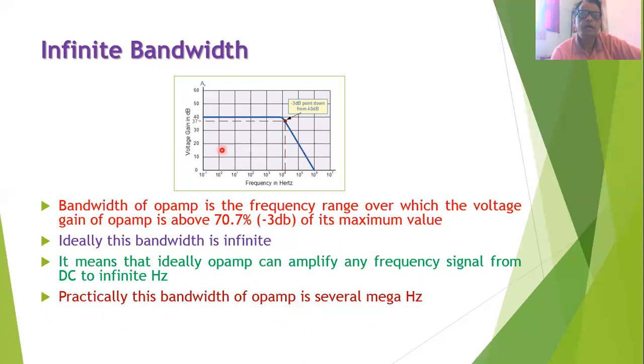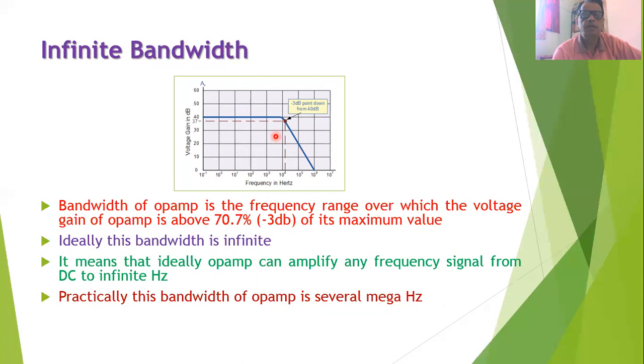As shown in this diagram, when we plot the voltage gain on the y-axis and the frequency on the x-axis, the gain of the operational amplifier is almost constant over a wide frequency range. But when the frequency is increased beyond a certain limit, you will observe that the gain goes on falling. And therefore, we can determine the bandwidth.